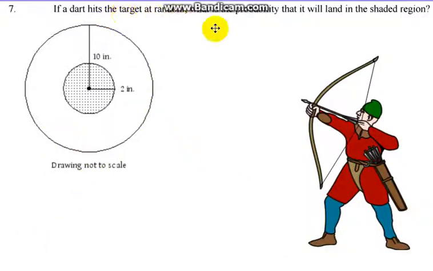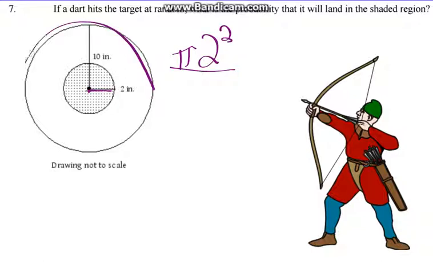This says if the dart hits the target at random, what's the probability that it will land in the shaded region? Well, the shaded region is a small circle. That's where we want to land. So our desirable spot to hit is that center region, which is a circle. So it's pi r squared, and our radius for the small circle is 2. So it's pi times 2 squared all over what we can possibly hit.